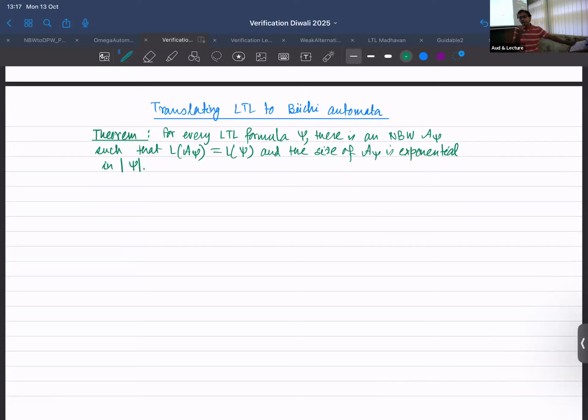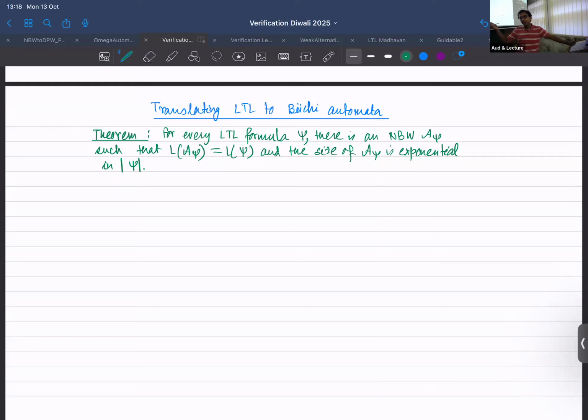It's linear in the size of the formula, right? The size of the closure is essentially linear in the size of the formula psi. Is it clear? Maybe we'll discuss later.